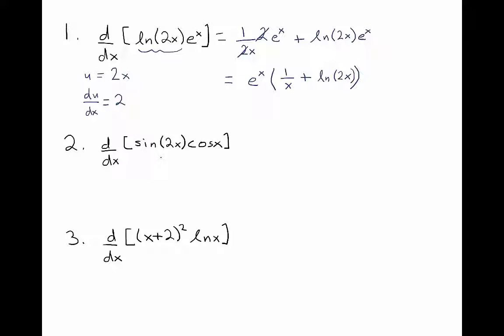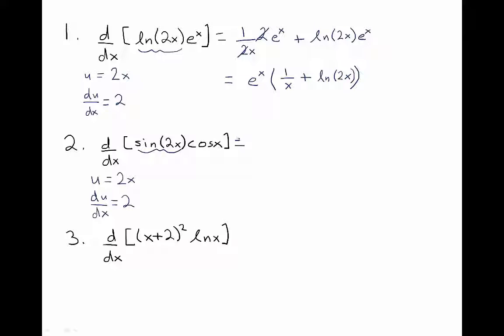So for the next one, first we're going to take the derivative of the sine part. In the sine part, the u is 2x, just like the last one, so we already know du/dx is 2.